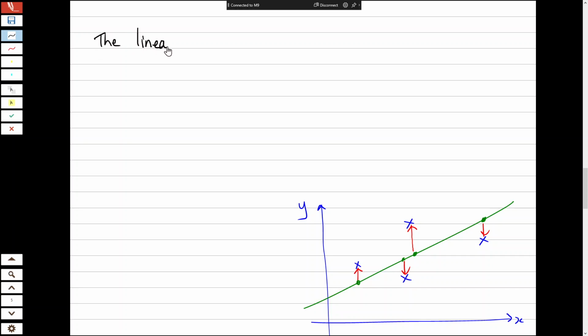The linear least squares regression line. Now that's a bit of a mouthful.